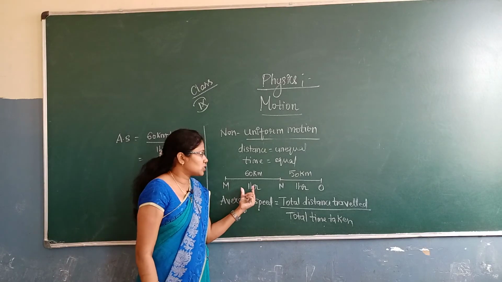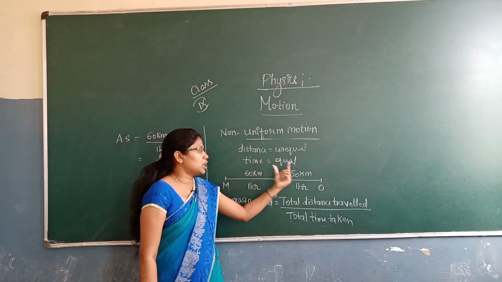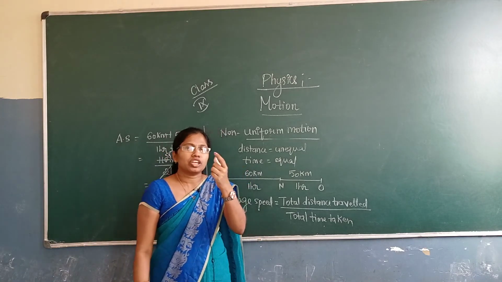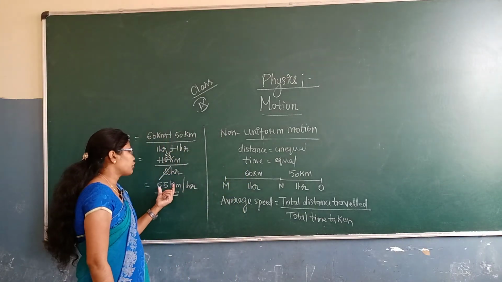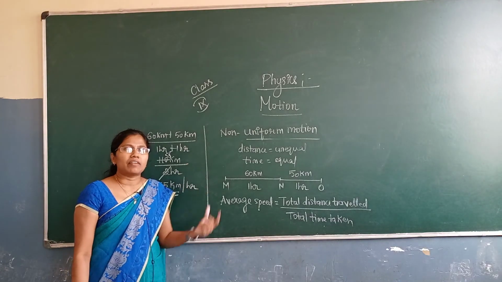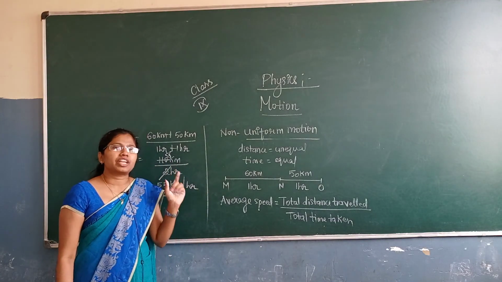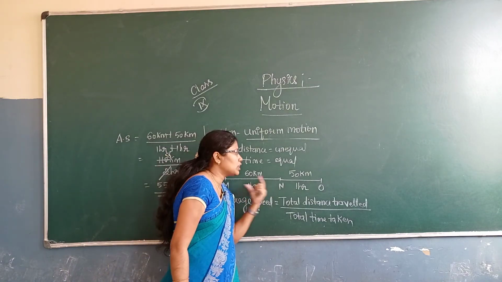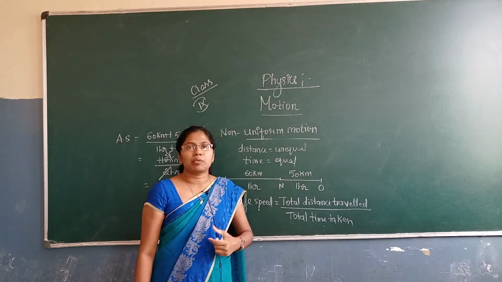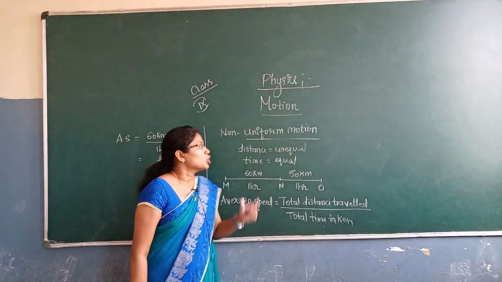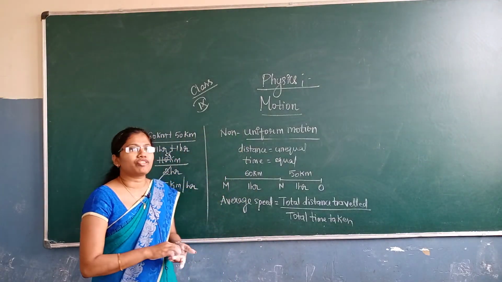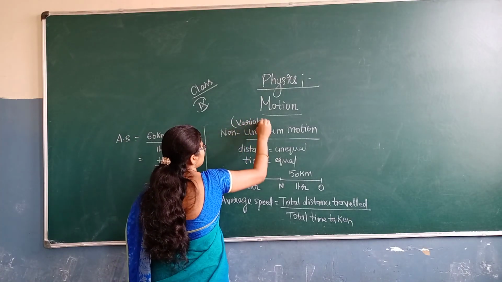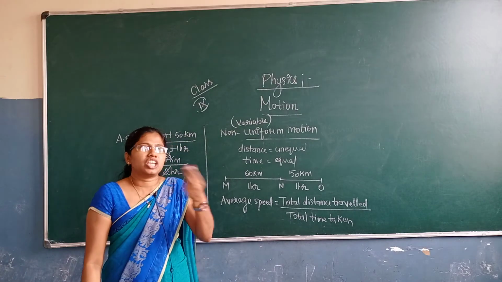So to cover the total distance from point M to point O, if the object travels at 55 kilometers per hour, that is, covering 55 kilometers every hour, it can cover the total distance. So in case of non-uniform motion, the speed will be variable, that means it changes.